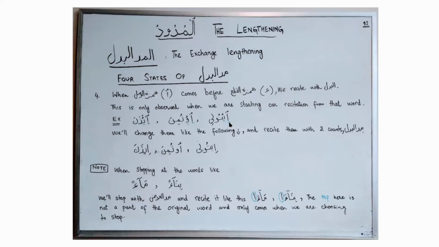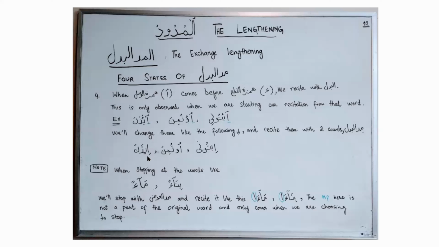And we have learned this rule when we were discussing the rules of hamzatul qata and hamzatul wasl. And you can see the details in that lesson where hamzatul wasl comes before hamzatul qata. So we will change hamzatul qata into a mad letter that is compatible with the vowel of hamzatul wasl. And by giving it two counts, we will recite these three words like this when we are choosing to start our recitation from these words.